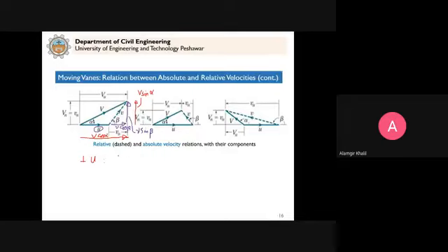So what we can write here is that V sine of alpha is equal to small v sine of beta. You can see here these two components are the same. That's why we can write V sine of alpha is equal to small v sine of beta.